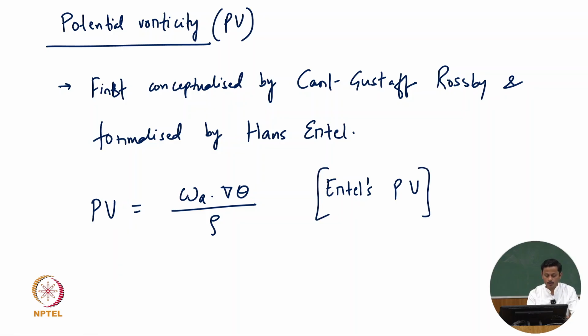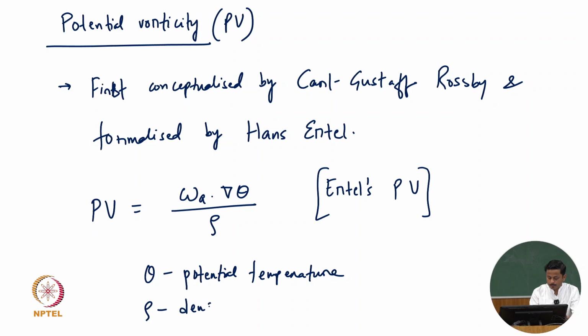Omega_A we know is the absolute vorticity, theta is the potential temperature, and rho is the density. We do not derive the conservation of this quantity, but we state that this potential vorticity is conserved.